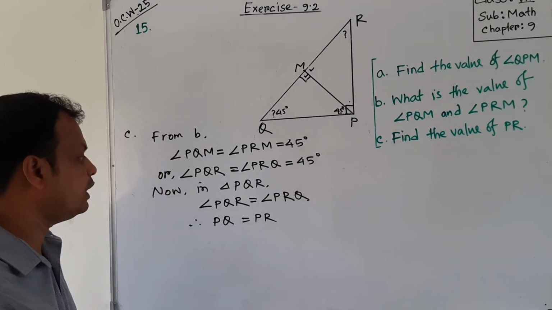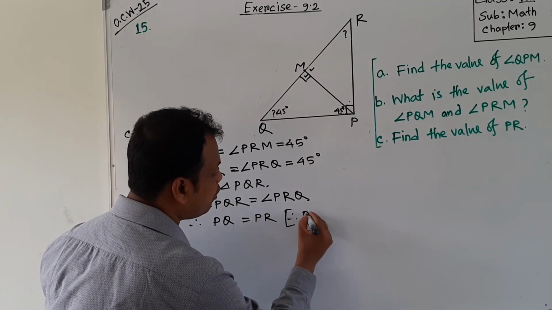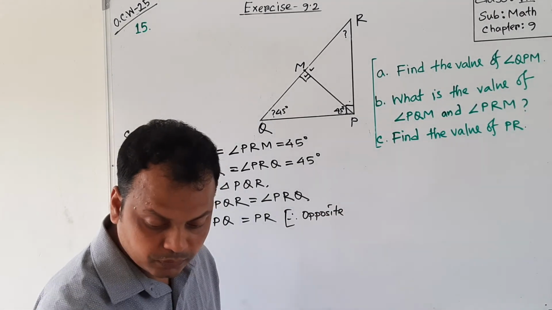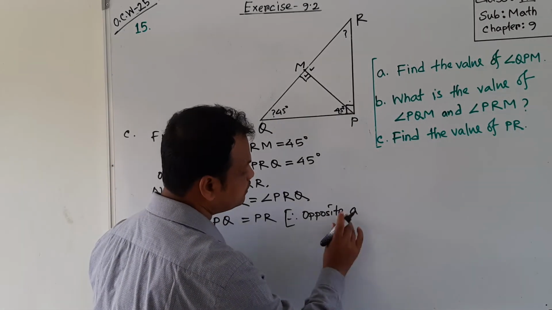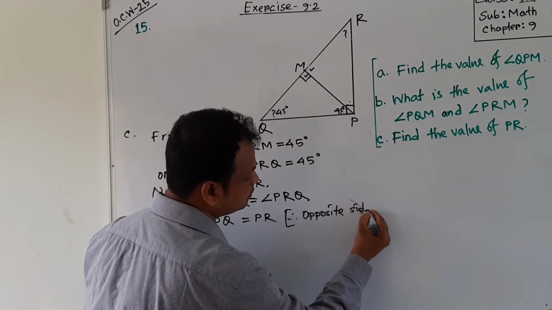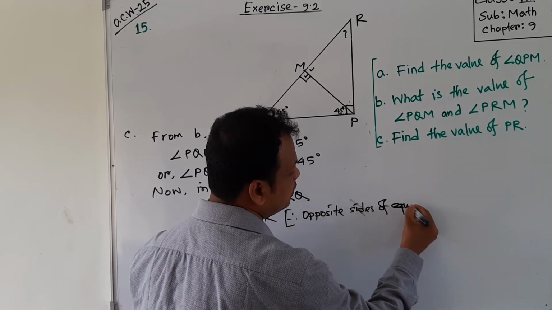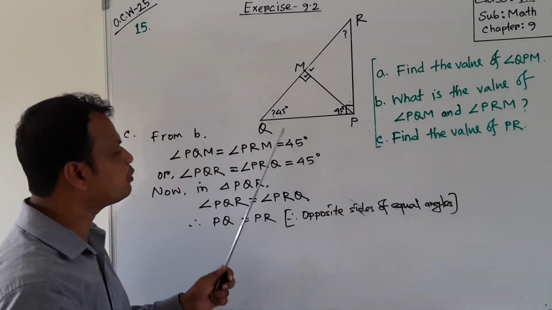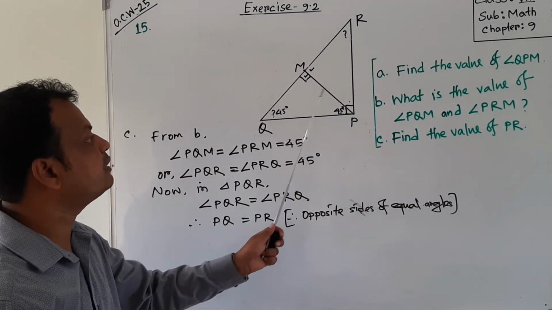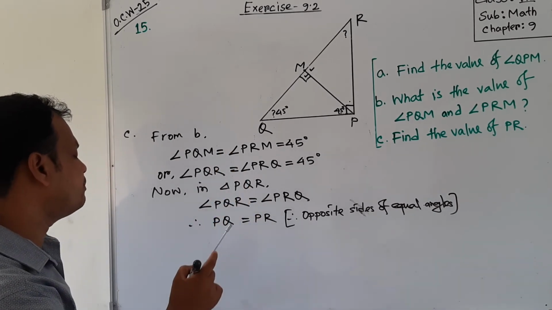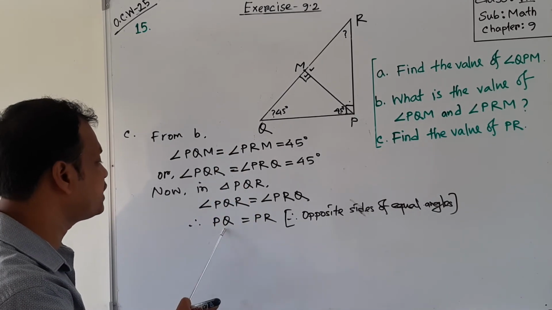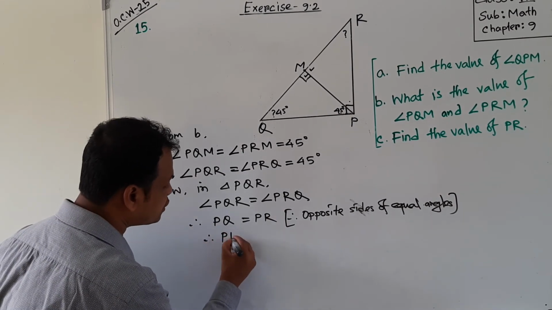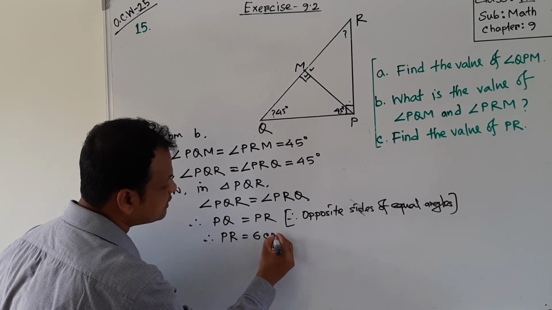Why will it be equal? Because opposite sides of equal angles are equal. So for this reason PQ equals PR, and PQ equals 6 cm, so PR equals 6 cm.